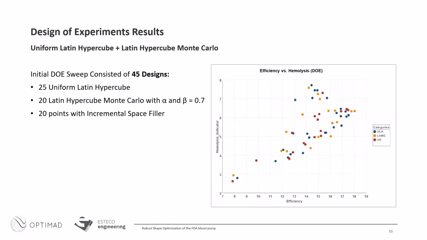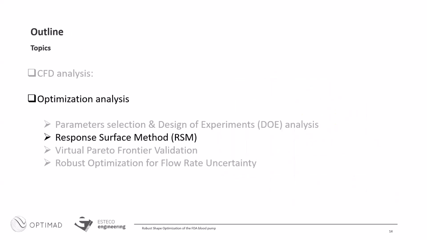We used modeFRONTIER, a commercial package developed at Esteco, in order to carry out the optimization analysis. For the DOE phase, we performed 45 designs with different interpolation methods. What was important was uniformity in filling the design space, and uniformity is important if you want to use the initial results of the DOE to train a response surface, because we used the response surface methodology, RSM.